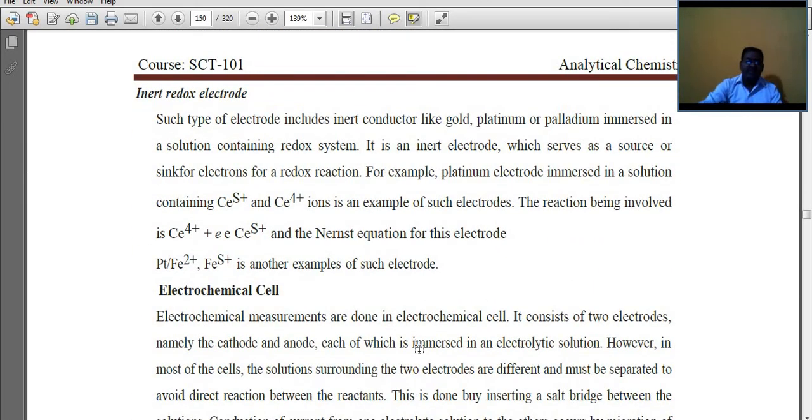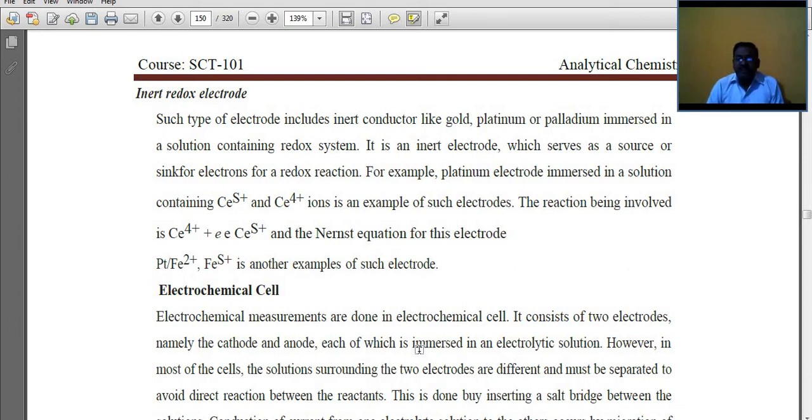What is the inert redox electrode? In the inert redox electrode, the electrode includes inert conductors like gold, platinum or palladium immersed in solutions containing redox systems.